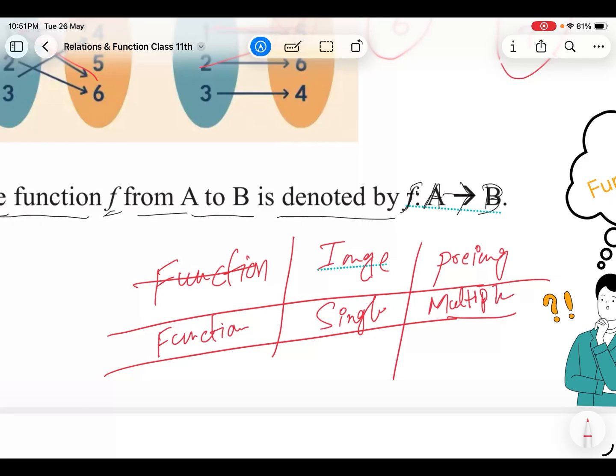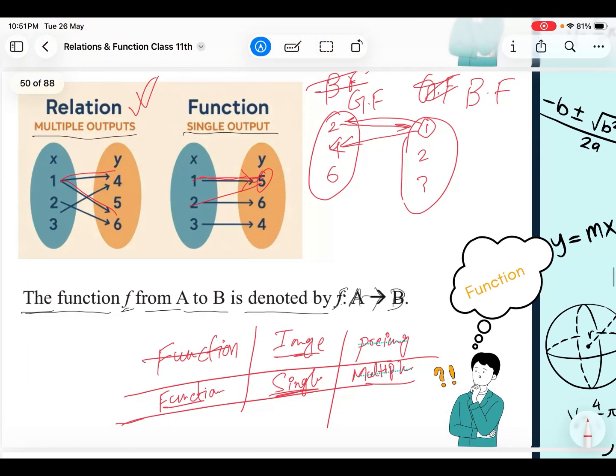Or you can say the input and the output, that is fine. In a function the image will be single. What is an image? For this one, 5 is the image, so for 1 there should be only one image. But for this 5, there can be more than one pre-image.